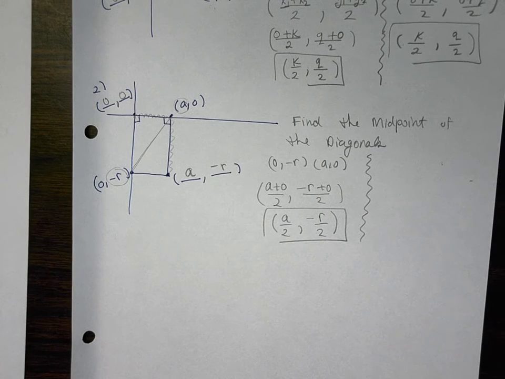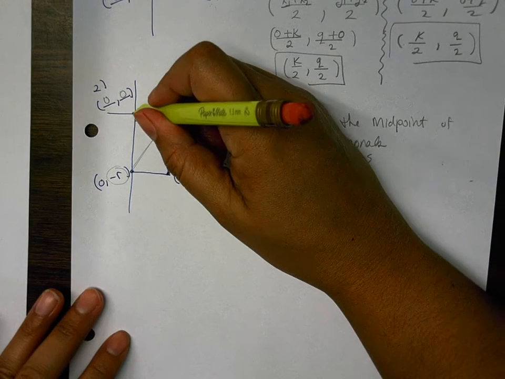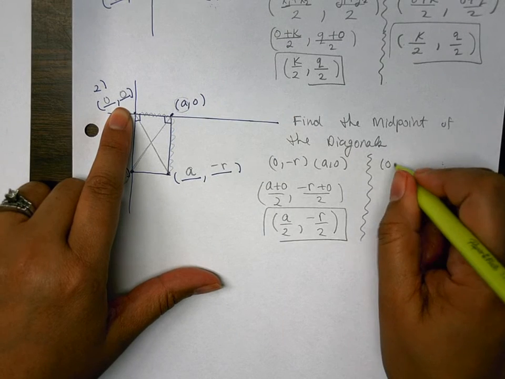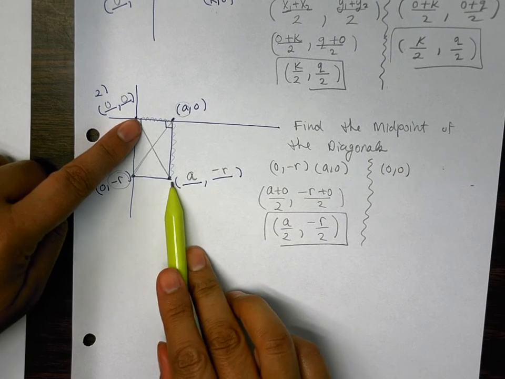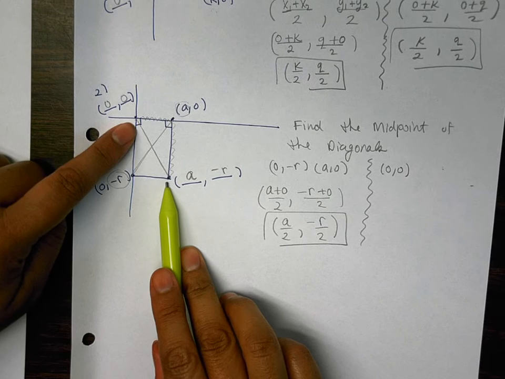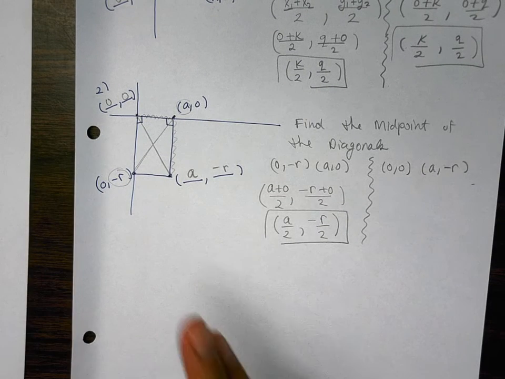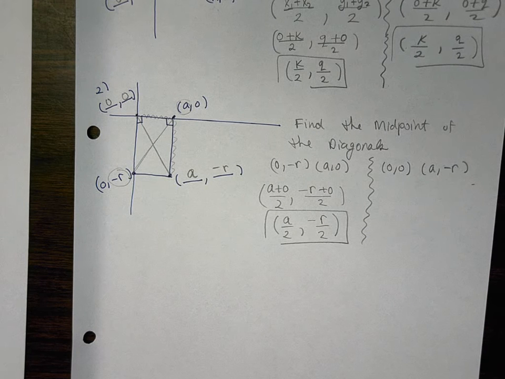Okay, what's the next set of ordered pairs if I'm going to use this diagonal next? My next ordered pairs for this diagonal are 0, 0, and A, negative R. Okay, do the same things right now on your own. X plus X, cut it in half. Y plus Y, cut it in half.